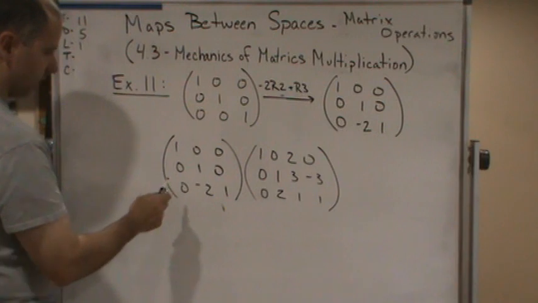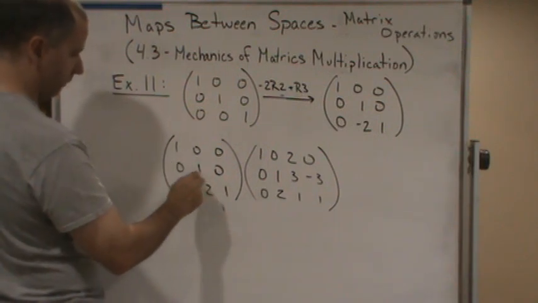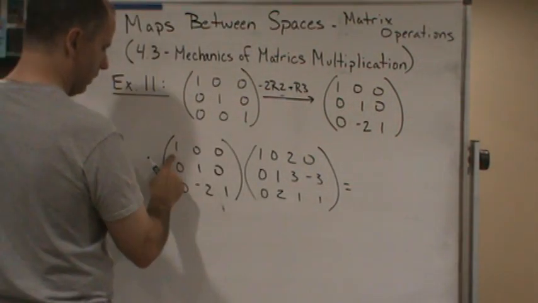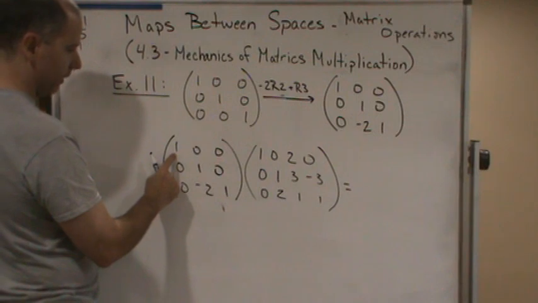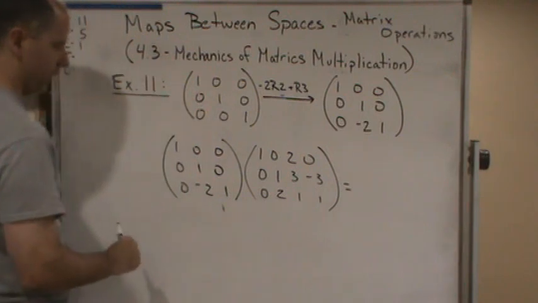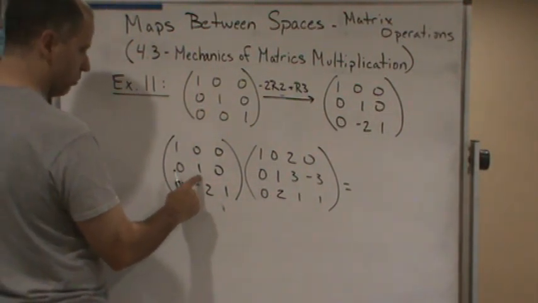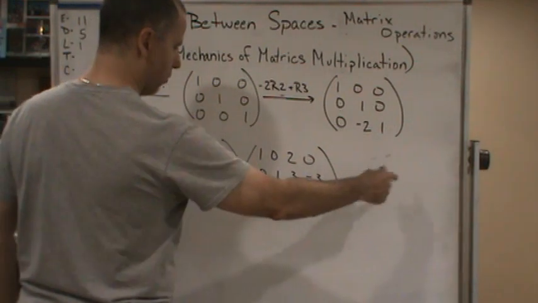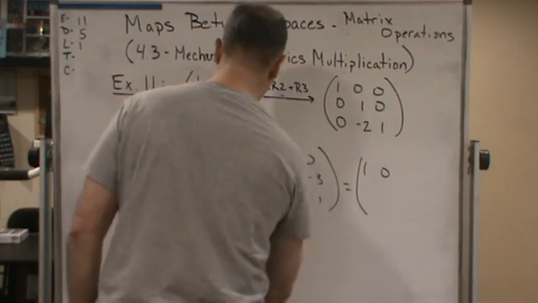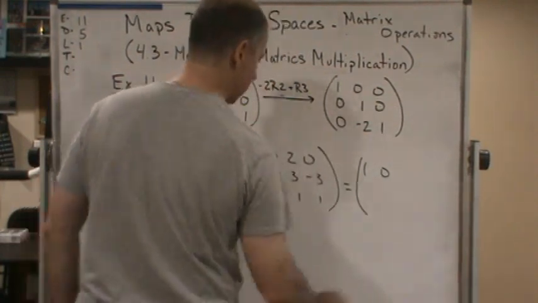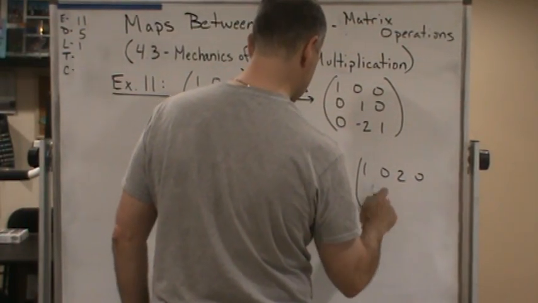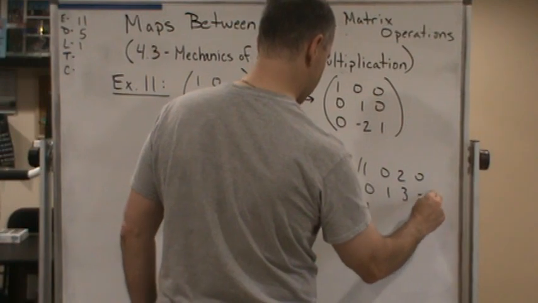Watch. It's going to leave the first 2 rows unchanged. This 1 is going to copy row 1 into row 1 of the product. This is going to take row 2 and copy it into row 2 of the product. So that's going to stay the same: 1, 0, 2, 0, and then 0, 1, 3, -3.